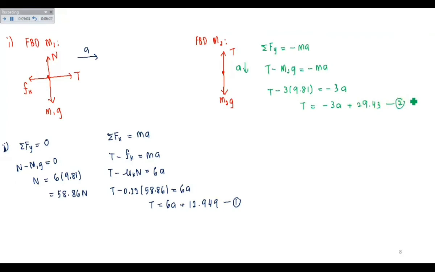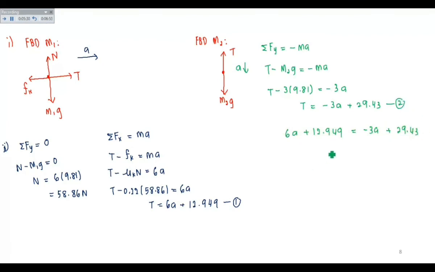Okay, so now kita samakan equation 1 equals to equation 2. So kita akan dapat 6a plus 12.949 equals to negative 3a plus 29.43.